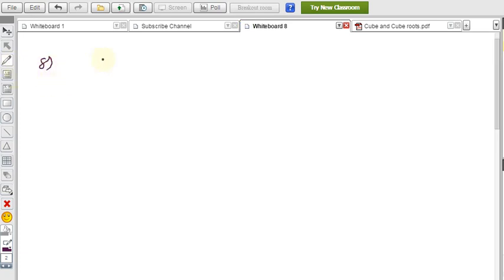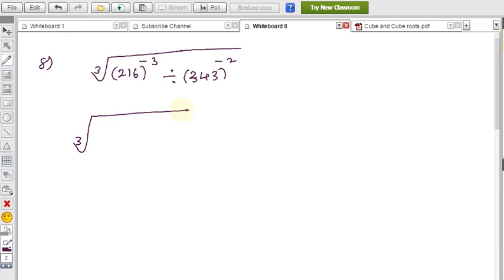Question is cube root of 216 to the power minus 3 divided by 343 to the power minus 2. So inside the cube root we can write it in division form like 216 to the power minus 3 by 343 power minus 2. Now write in power notation.